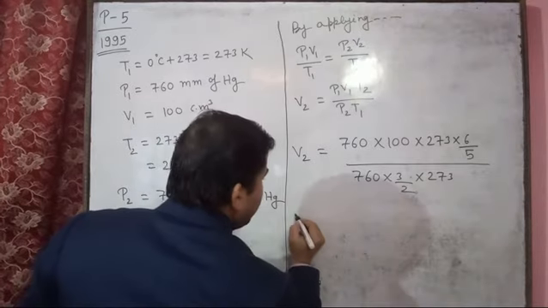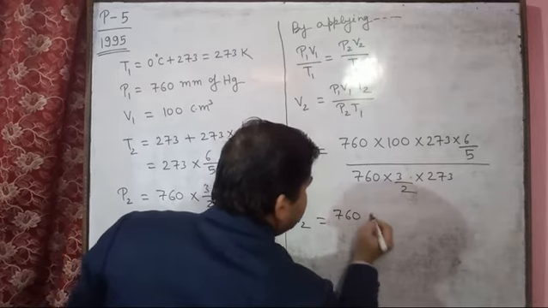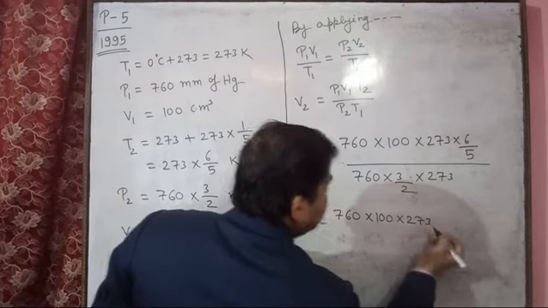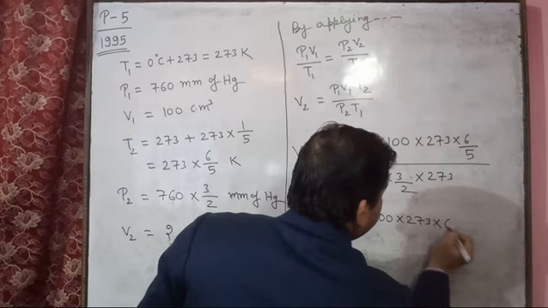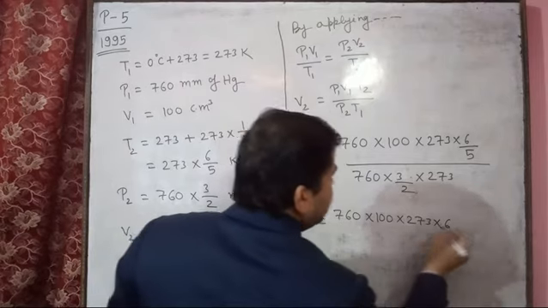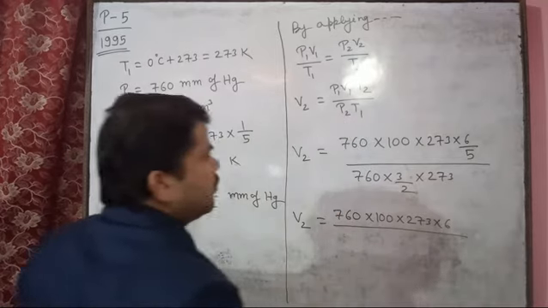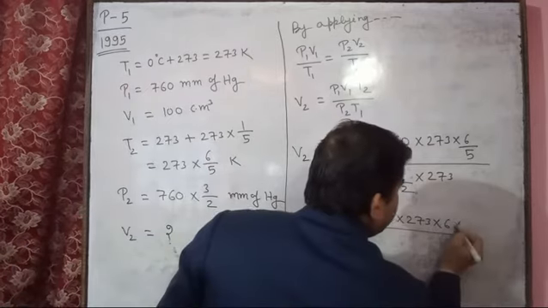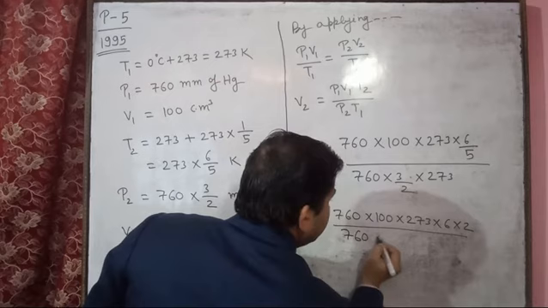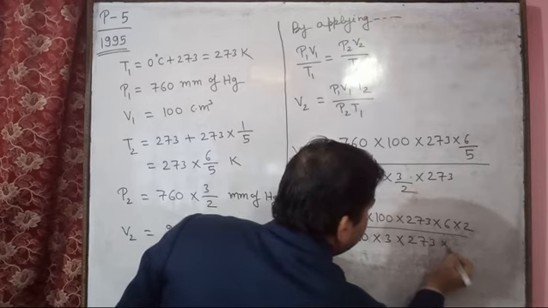Then by taking the reciprocal, here 760 into 100 into 273 into 6 into 2 upon 760 into 3 into 273 into 5.